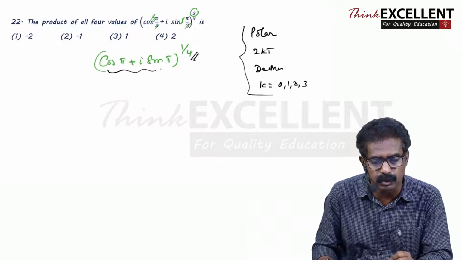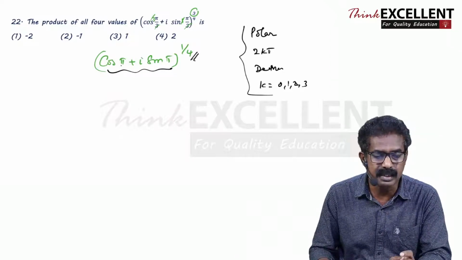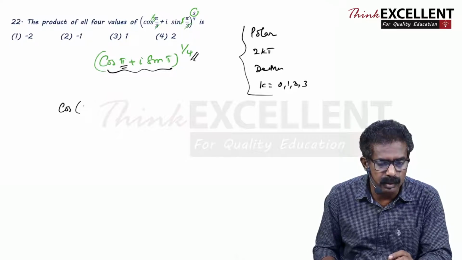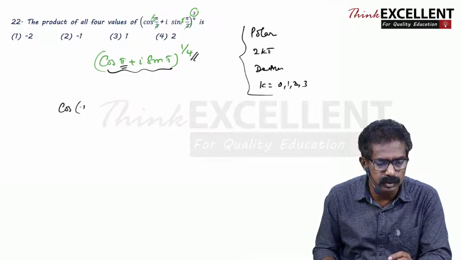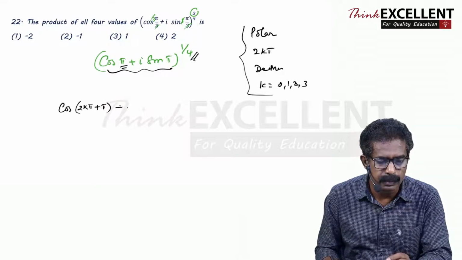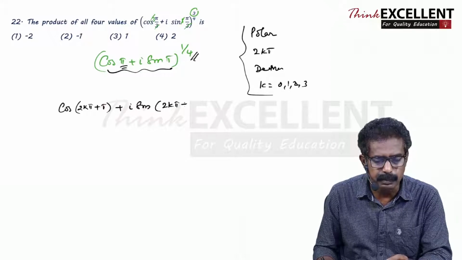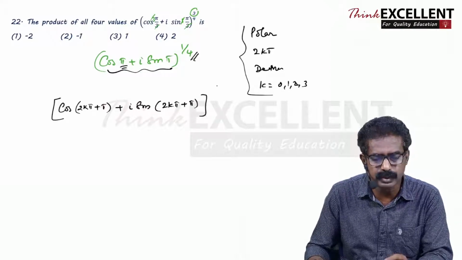Here already it is in polar form only. Second step, add 2k pi to the argument. So cos, you add 2k pi, so 2k pi plus pi, I sin 2k pi plus pi raised to 1 by 4. So 2 steps over, right?